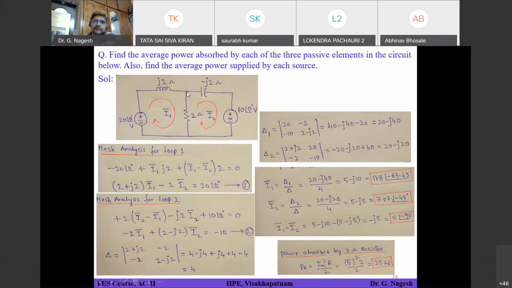So you have to approach this method. You can't simply say this 20 minus this 10 divided by, so you can't do that. Since you know the current, simply multiply with the resistor, then you will get V. From that V, if you want, you can use the previous formula Vm Im by 2 into cos of theta minus phi. That will also give you 25 watts only.